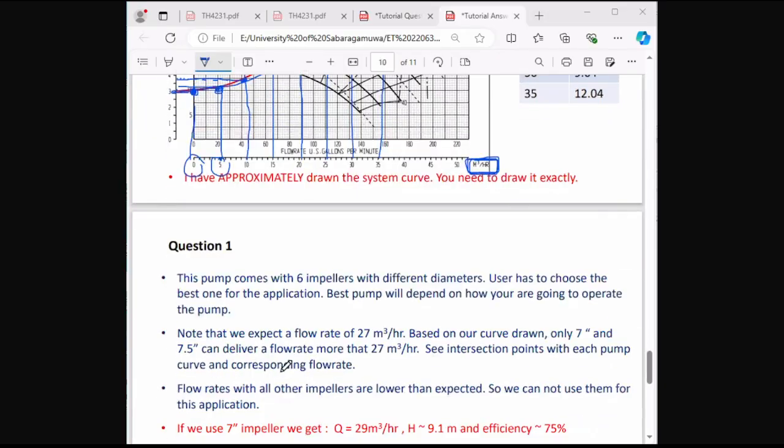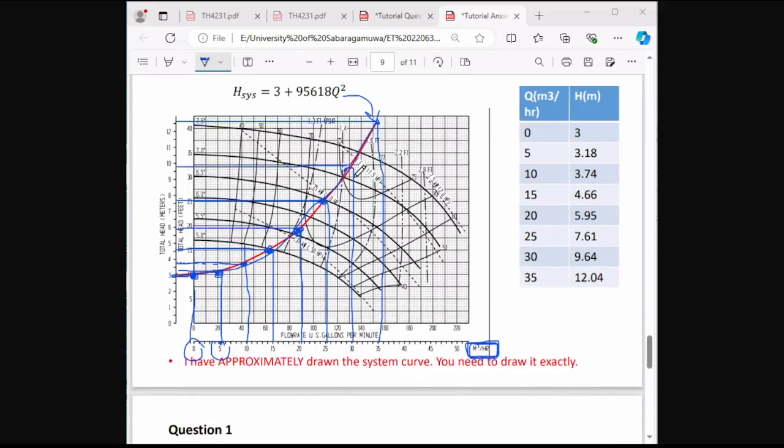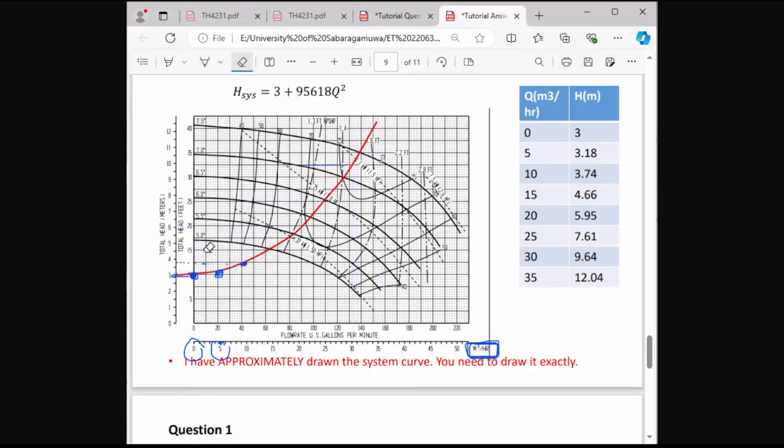Okay, anyway, in this case, they have given six curves here. You can see six curves. This one is the first one, this one second, third, fourth, fifth, sixth.